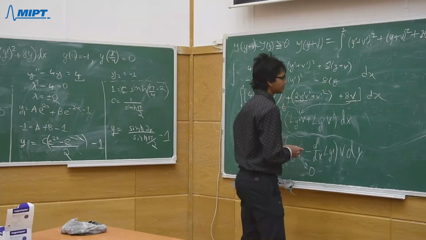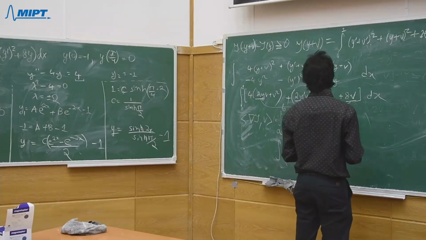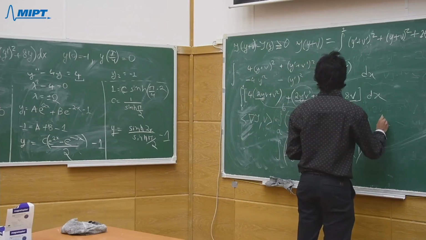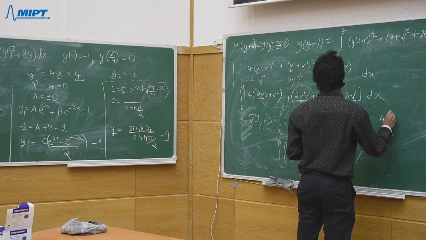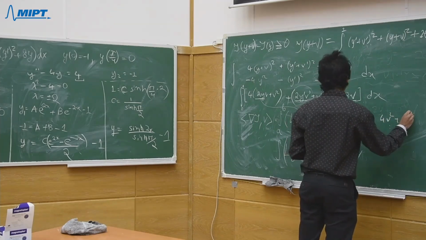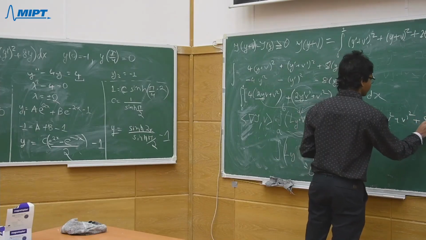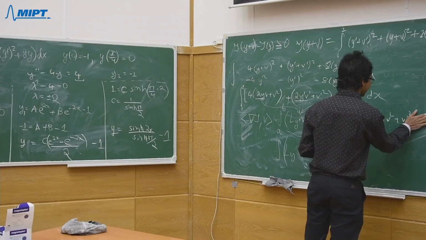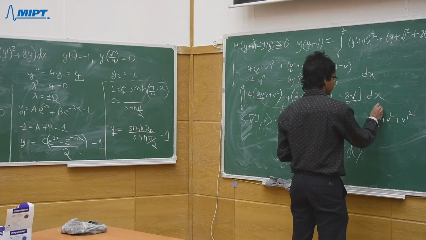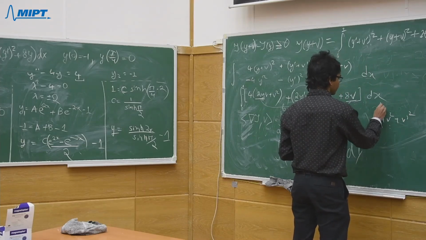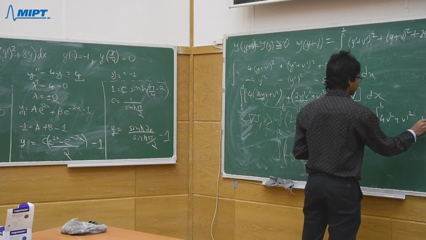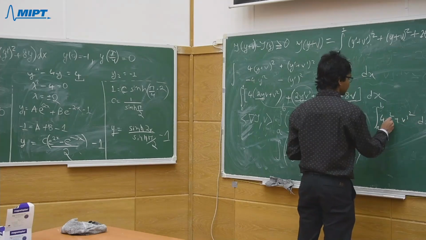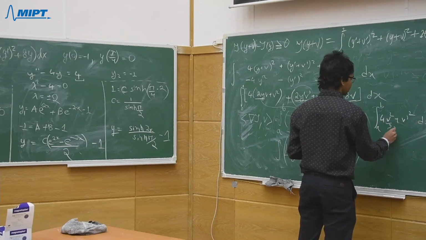And what about the quadratic part? I think it's also okay because it is positive definite. If we integrate, 8v goes to the linear part, leaving only 4v squared plus v prime squared dx. So it is greater than 0 for non-zero v.